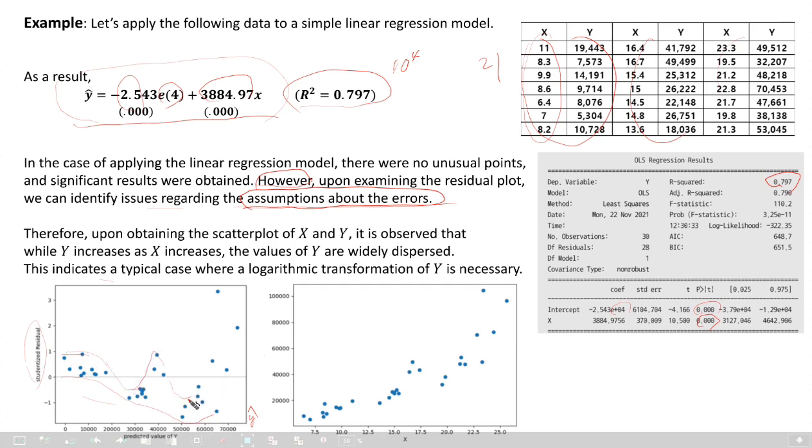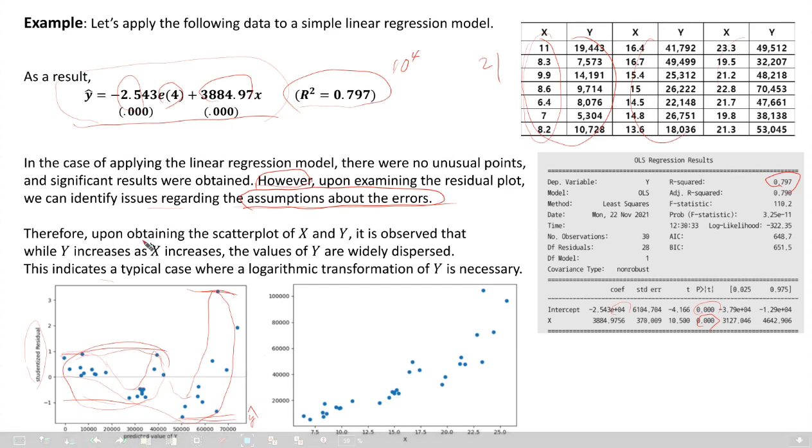This part is all right, in a certain band, but from here, it is not a normal residual plot. This is a very big band. There is a big wide band of residuals.